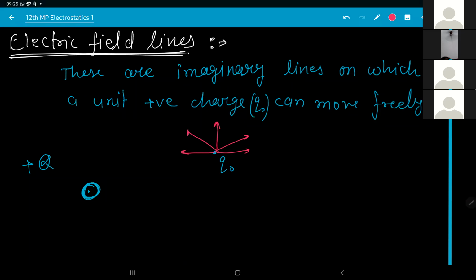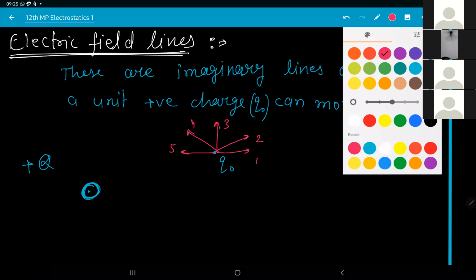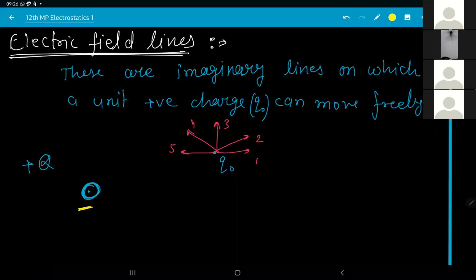Sir, outward direction. 1, 2, 3, 4, 5. Tell me what may be the direction of force on this charge Q naught due to this positive charge? Select any one of them. Sir, I think 2.